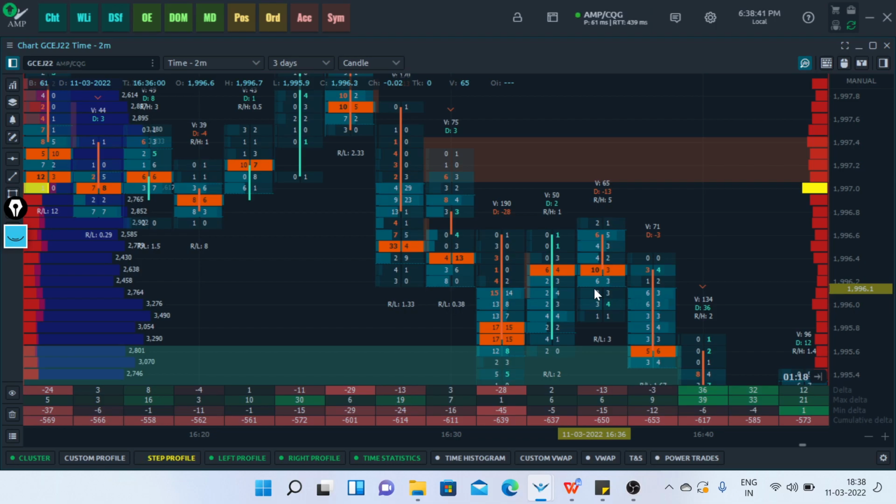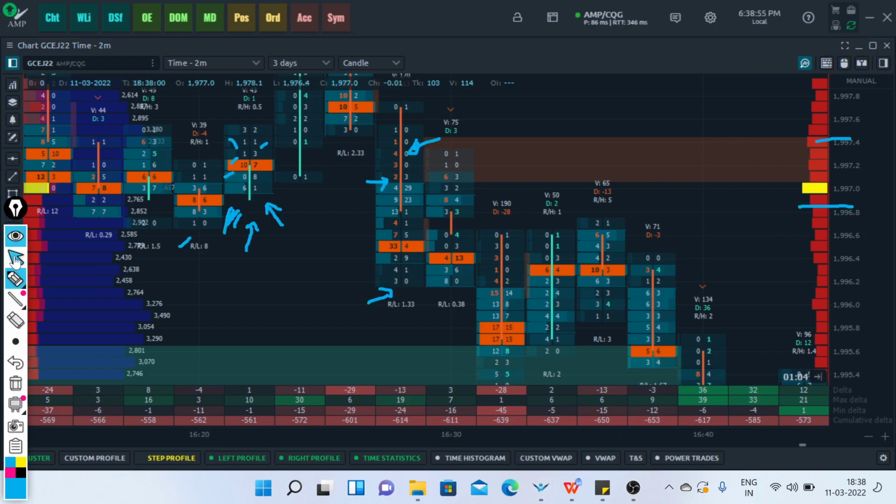So what is actually an imbalance? Let me clear the drawing, then I will explain what a volume imbalance is and how I take entries with the help of imbalance.